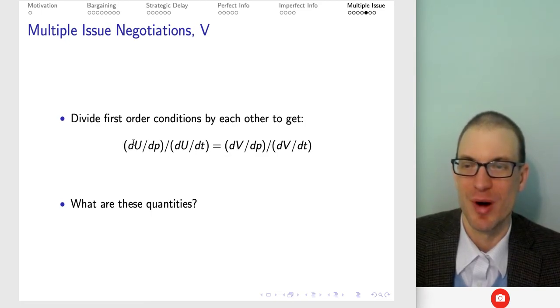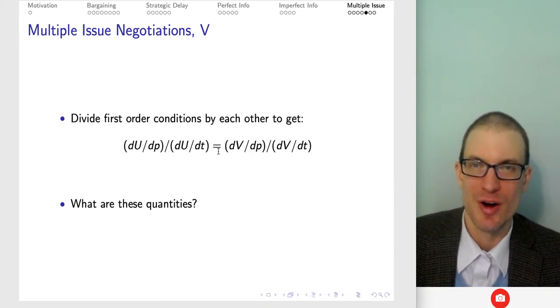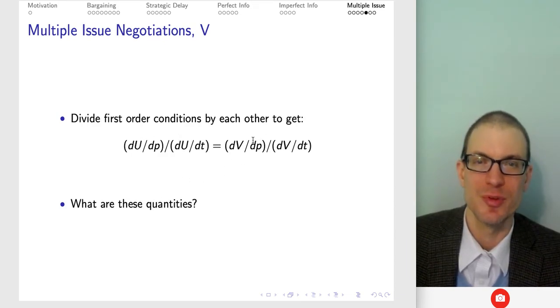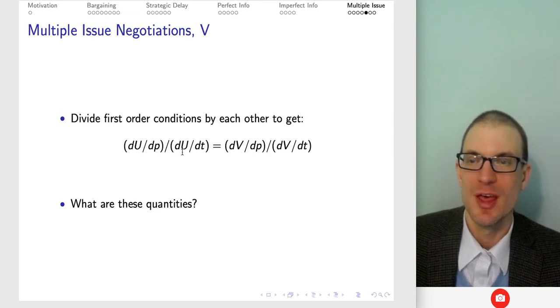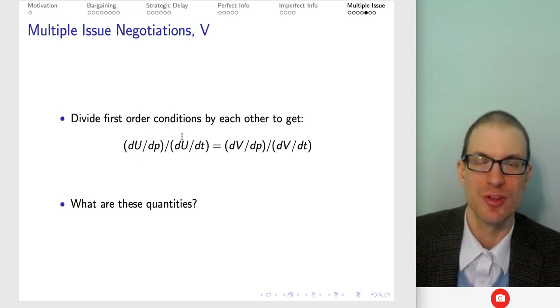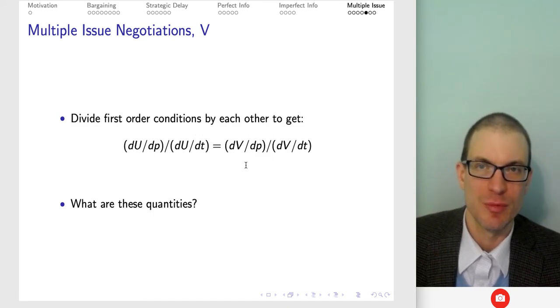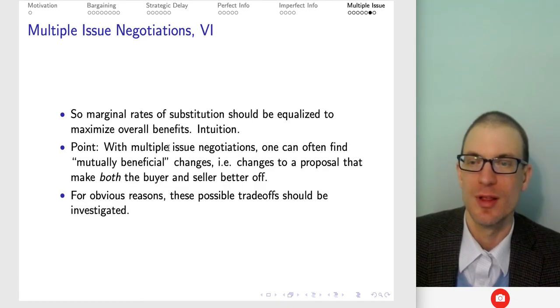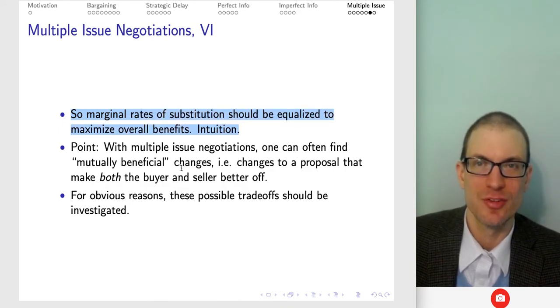This is like the marginal utility of P divided by the marginal utility of T for our two traders. What are these quantities? This is like a marginal rate of substitution, right? This is like my MRS, trading off price for time, and their marginal rate of substitution trading off price for time. So the marginal rates of substitution should be equalized to maximize overall benefits.